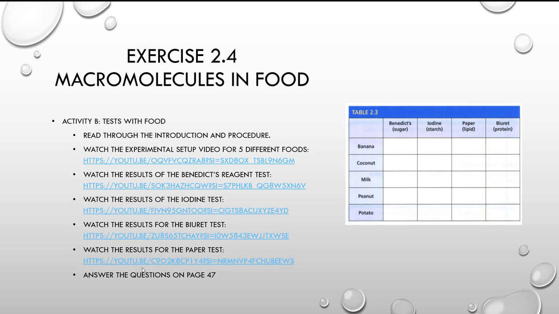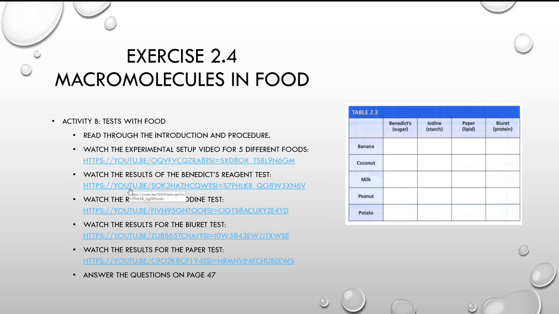And then finally we have the rest of the macromolecules, where we're going to test for different food items in activity B. So the experiment that we have videos for are 5 different food items. They're not these foods. I can't remember what foods she was able to test for. So you can just cross out the names of these food items and write in whatever names Jennifer Bone was able to test for.